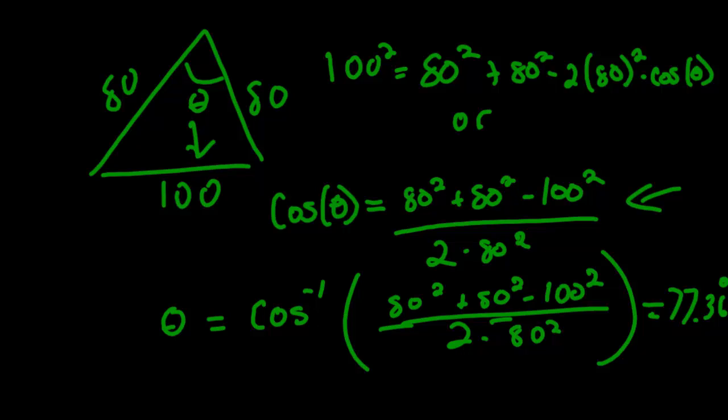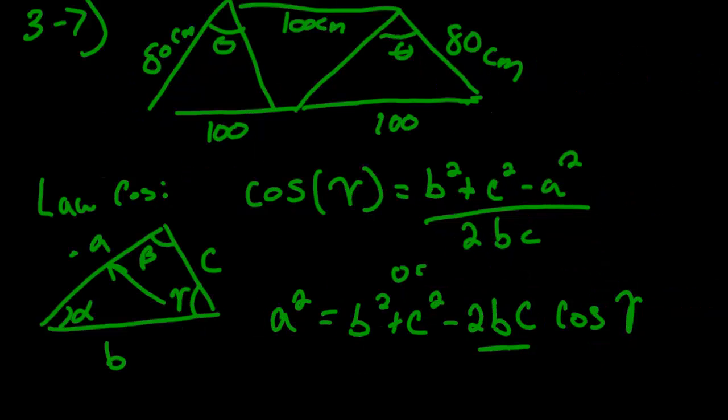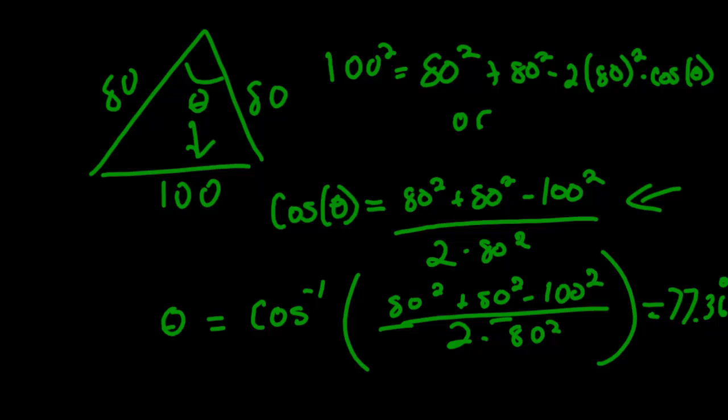Any questions on that one? Pretty straightforward. You could, well, the law of sines asks for angles, and we don't know any angles, right? So the law of sines, let me rewrite it on this page.